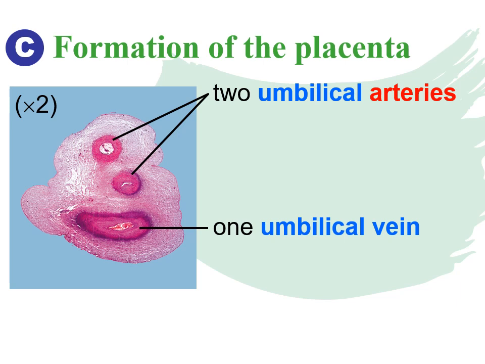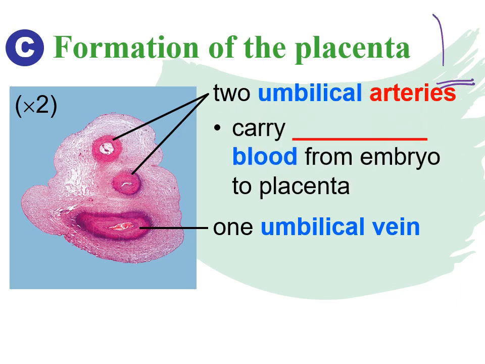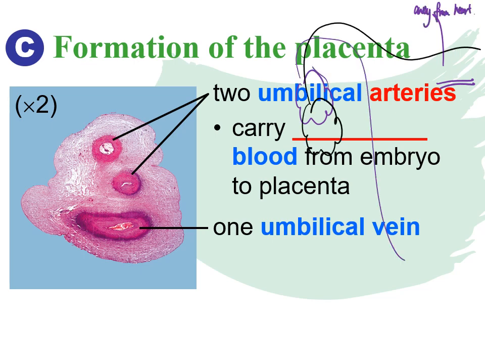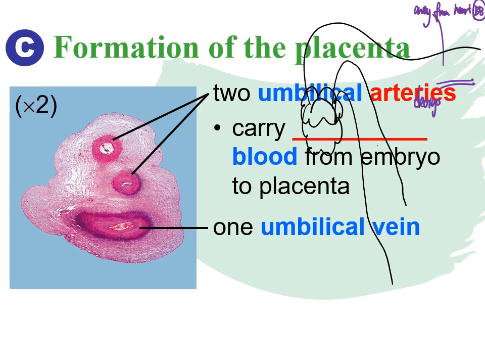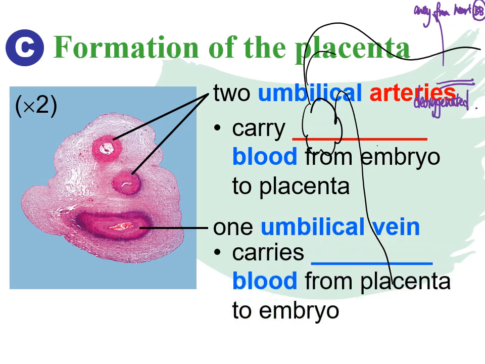In the umbilical cord, you have two umbilical arteries. And artery means away from heart. Which heart? This time it should be the baby's heart. If you are going to carry things away from the baby's heart, it should be some waste. Therefore, it carries the deoxygenated blood from the embryo to the placenta.